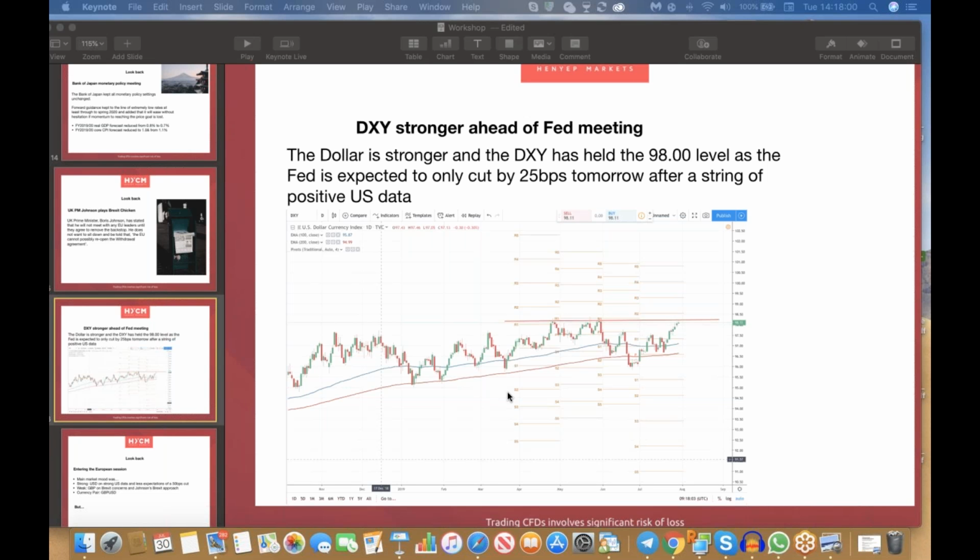Now, one of the nicknames for the dollar index is that it's the anti-euro index. So the dollar index tends to do exactly the opposite to what the euro does. If you overlay a euro US dollar chart on the dollar index chart, you'll see that they move in virtually opposite directions.